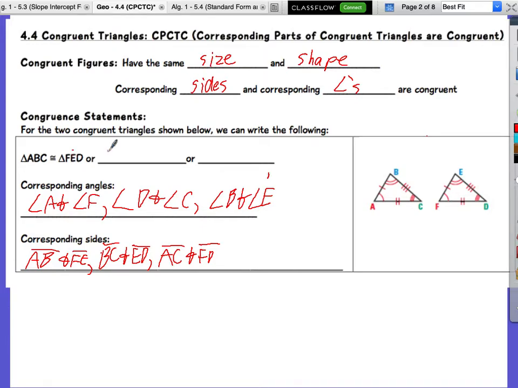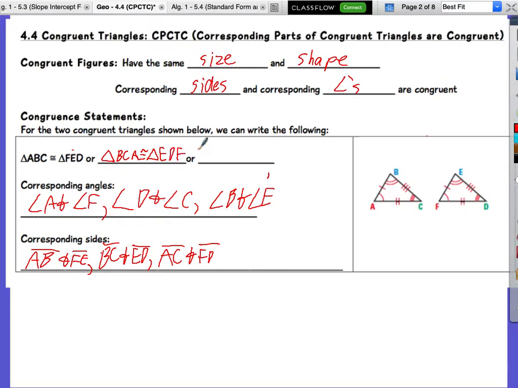So remember we can name a triangle ABC, or I could call it BCA. That'd be congruent to triangle what? Who can tell me what triangle that would be congruent to? I would have to write that second triangle based on how we wrote the first one. E, D, F. Very good.